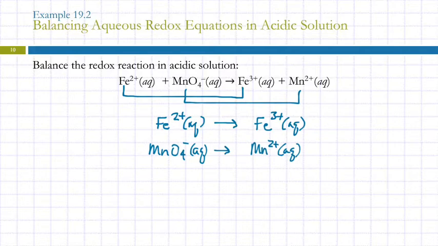We're going to balance the oxygen by adding water molecules. All of this is occurring in aqueous solution, so there are water molecules. It's not like we're making anything up. So I'm going to add H2O so that I can balance the oxygen here. If I have 4 oxygens there, I need 4 water molecules on the right side.